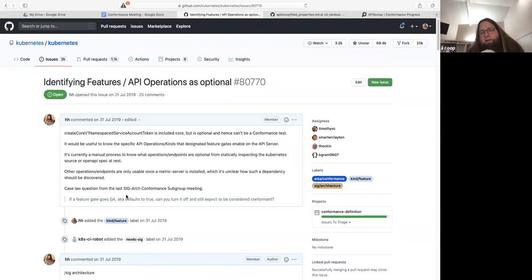And it may have been that, again, it's digging back a year or more, for create service account token, a required parameter within it was a field that is disabled or could be optional.